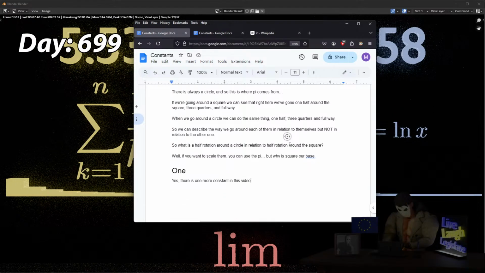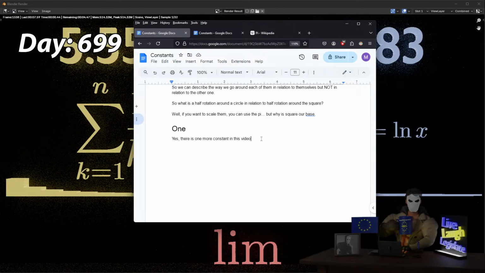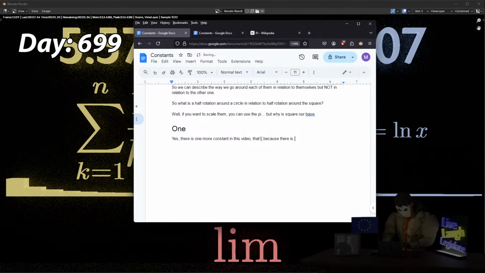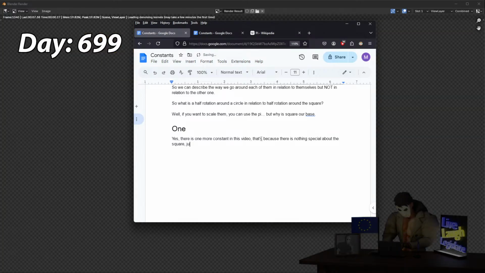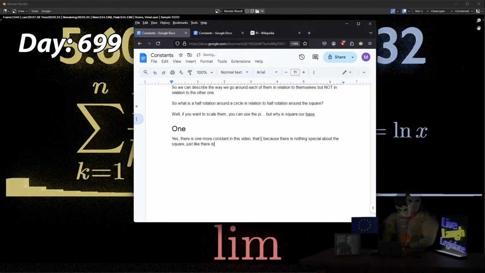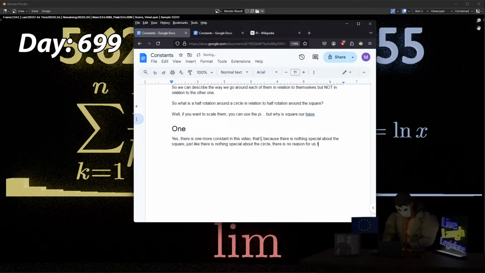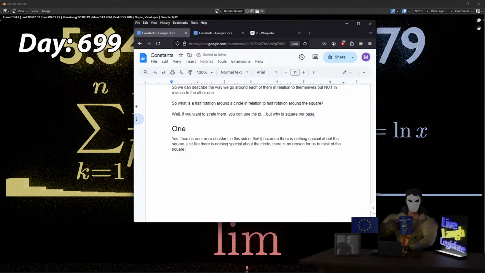Okay. One more constant in this video. There is one left, yes. Special about the circle. There is no reason for us to think of the square. I'm erasing the differential form version of the grand curl again because why not?